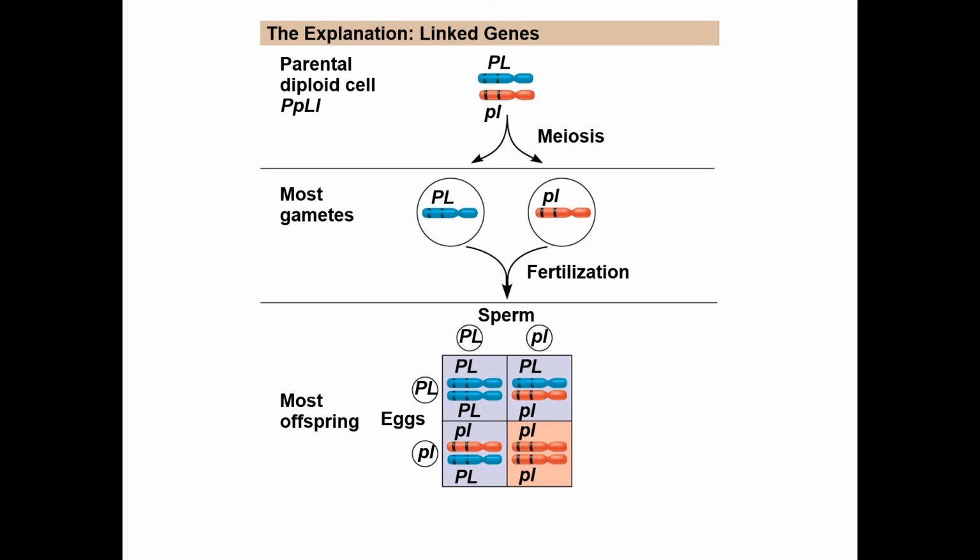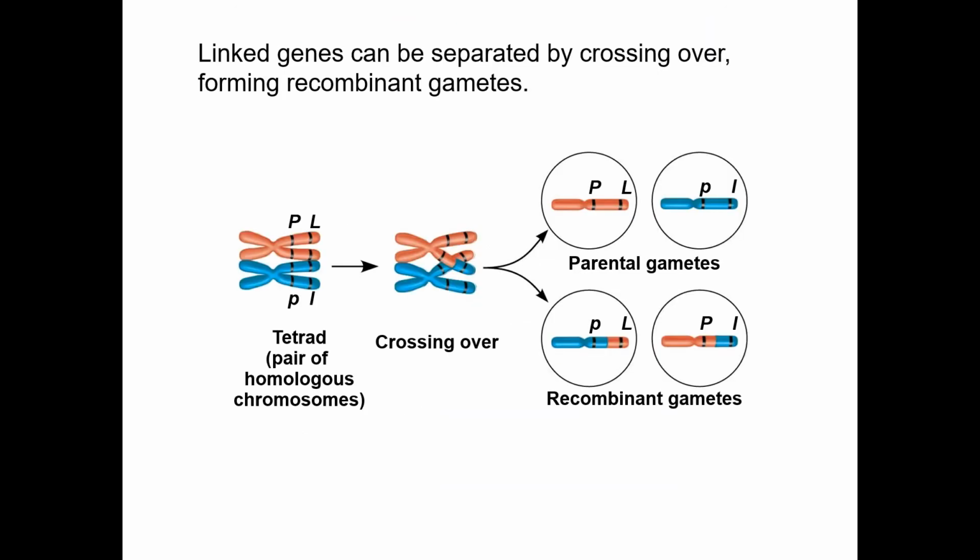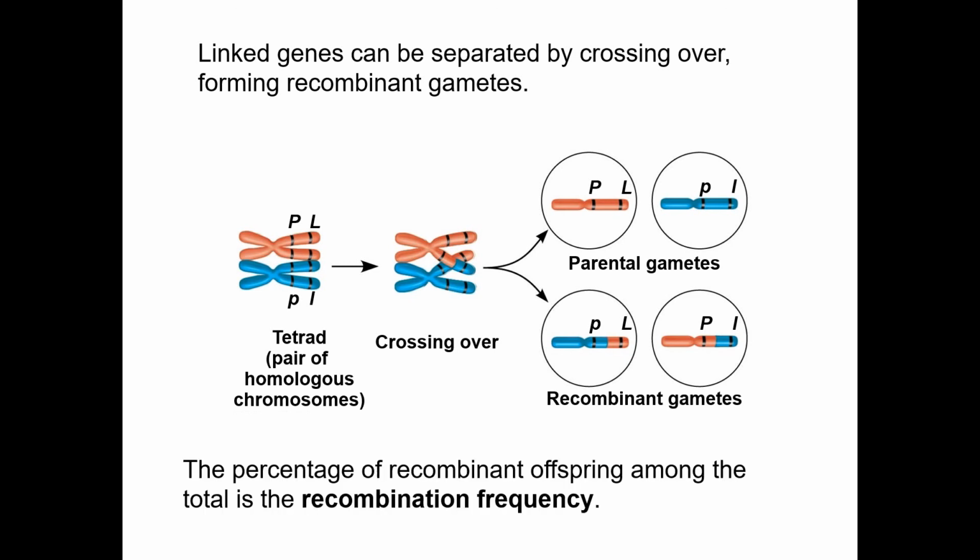The exception to this is when crossing over occurs. We talked about crossing over when we discussed meiosis. Crossover events can occur between linked genes, so you can get recombination events, but these are pretty rare. You can calculate this frequency as recombination frequency. I am not going to require you to calculate any of these distances, but I want you to understand what a linked gene is and that it behaves differently than genes that are on opposite chromosomes.